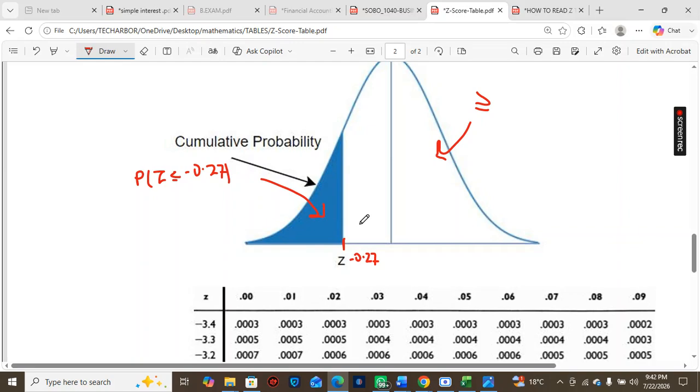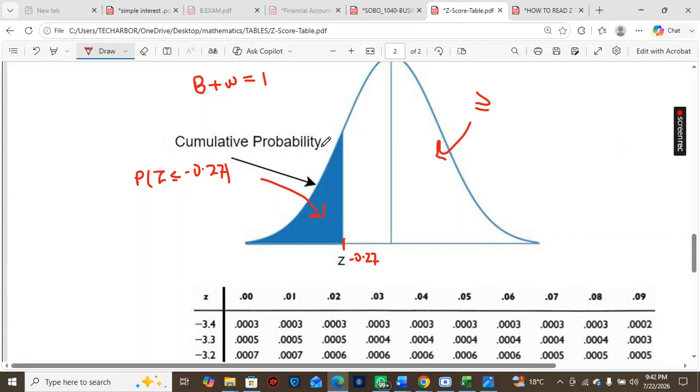Probabilities always add up to 1 or 100%. You never have a probability of 110% or 105%. They always add up to 100%, which equals 1. So the area in blue plus the area in white should always equal 1.